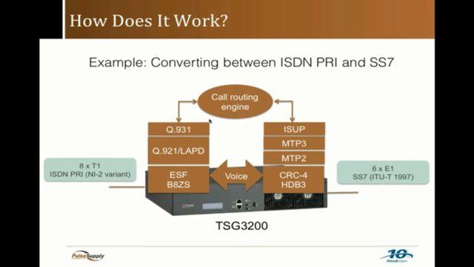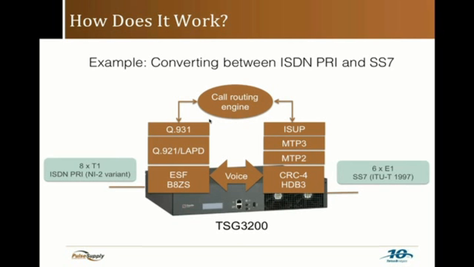So the requirement here is, on the left-hand side, support T1 with ISDN PRI signaling, and on the right-hand side, the network we're connecting to provides E1 interfaces and uses the European variant of SS7 that's defined by the ITU-T.